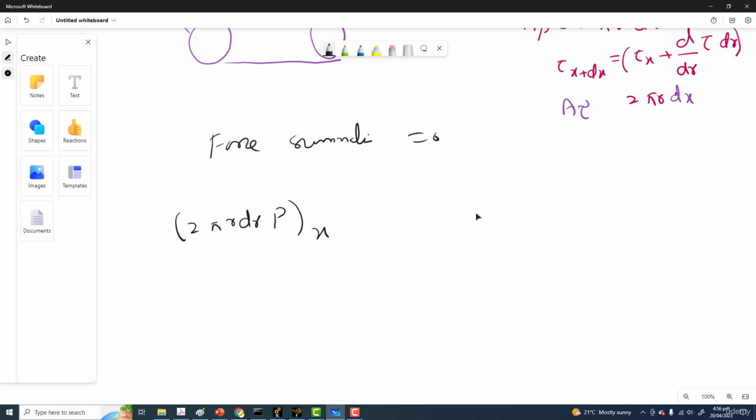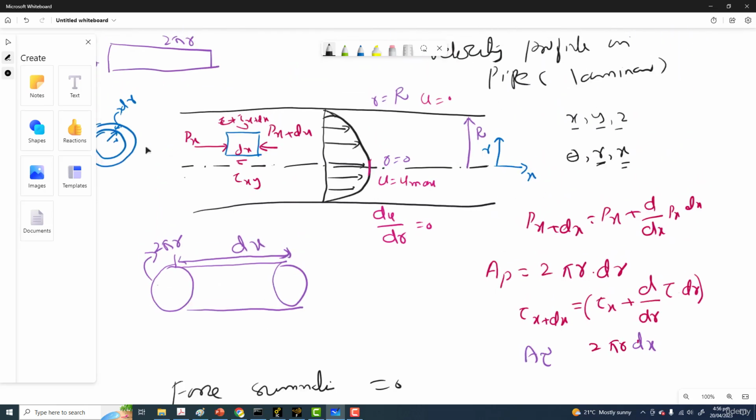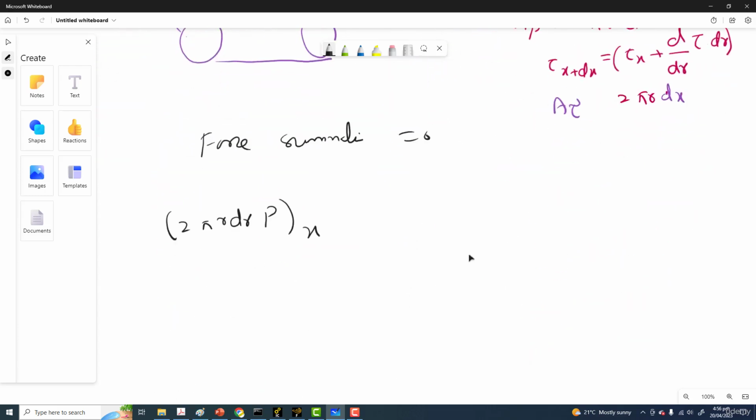As you can see, this is in the direction of the flow, so it is positive, and this pressure is in the opposite direction, so it will be negative. This shear stress is negative, this shear stress is positive. So any force in the direction of flow is positive, and any force in the opposite direction of the flow is negative.